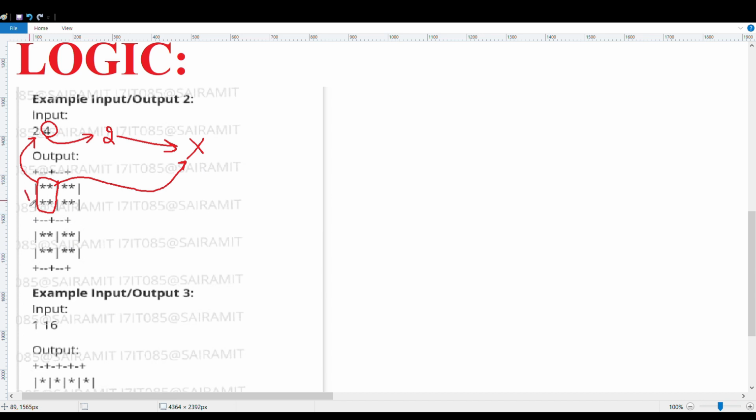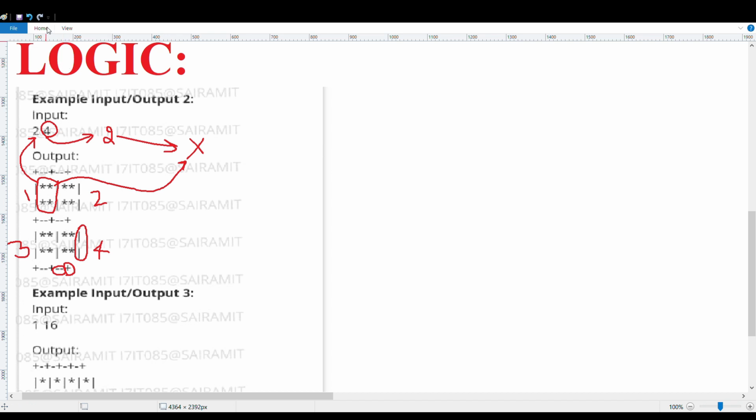So here 1, 2 you are having, 3, 4. So 4 matrices you are having, and vertical lines by pipe symbol, horizontal lines by hyphen, and corners by plus symbol, as discussed earlier.